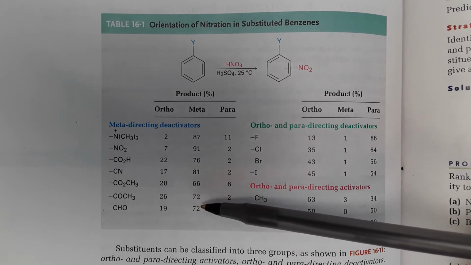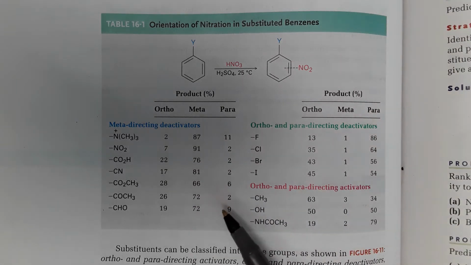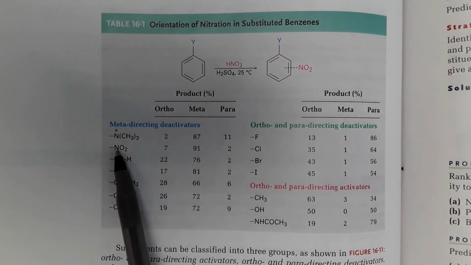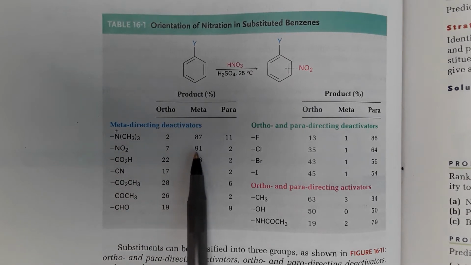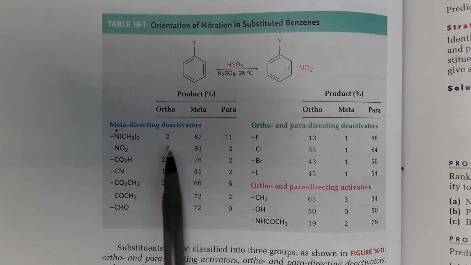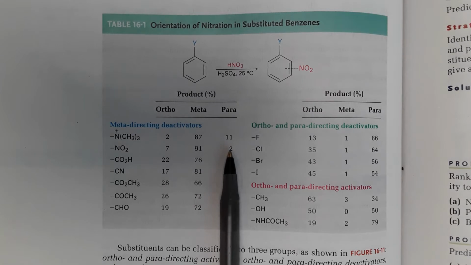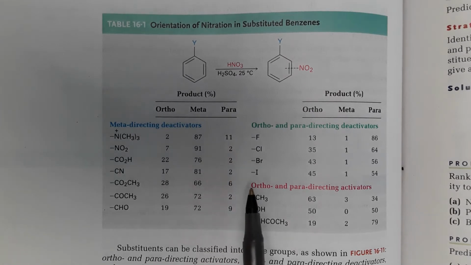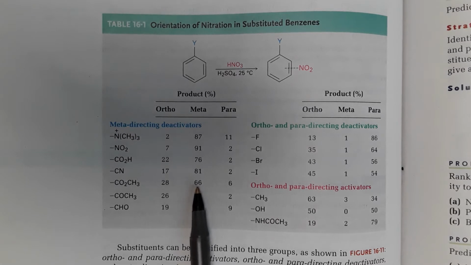So it really depends on the particular group that we have on there. The nitro group here seems to be the most successful in directing it into the meta position. 91% of it goes into the meta position, 7% into the ortho position, and 2% into the para position. Other ones aren't quite so successful, 66%.